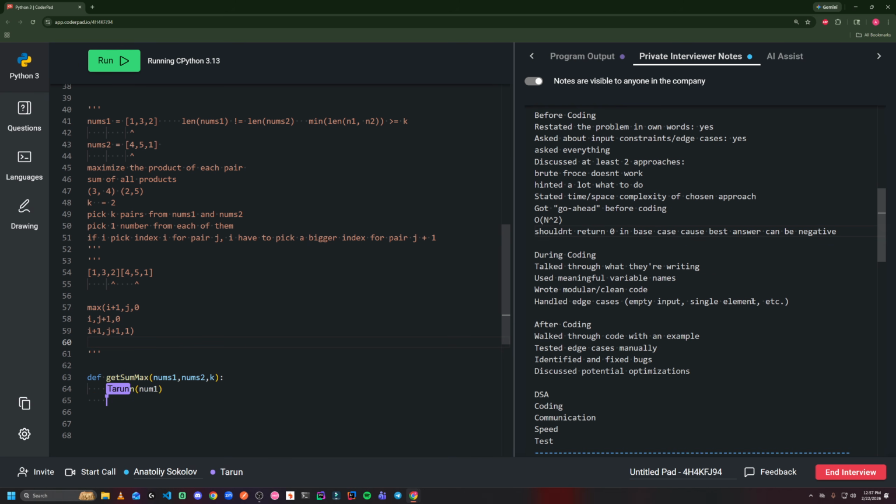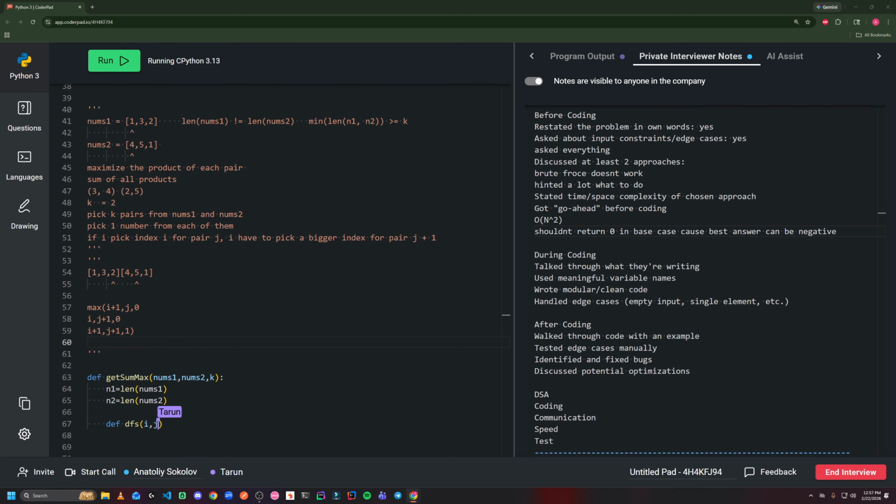So I'm getting the length of both. So will it be empty, the nums1 or nums2? It can only be empty if K is 0. You're always going to be able to pick K from them.